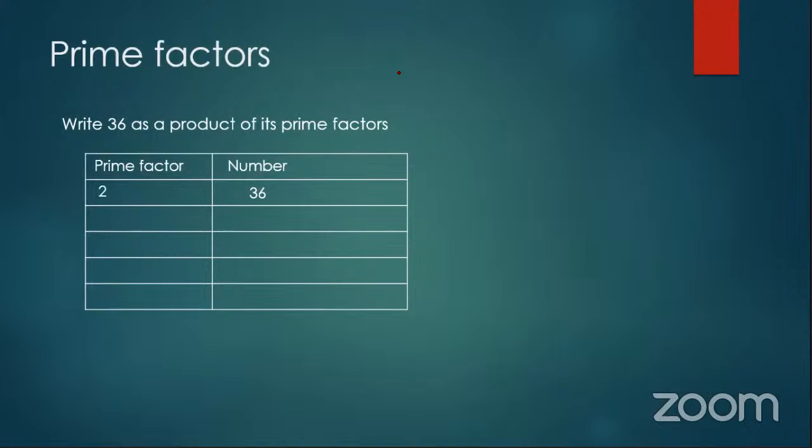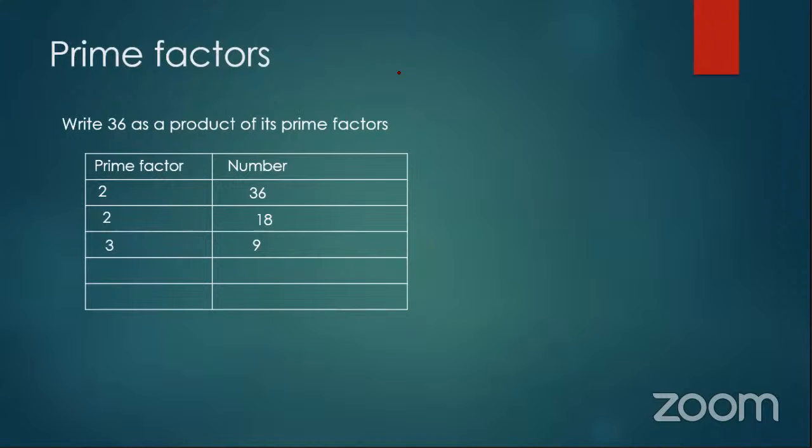So 36 divided by 2 gives us 18. Is 18 still divisible by 2? Yes. So we again divide by 2, and that gives us 9. Is 9 divisible by 2? No. So we go to the next prime factor, which is 3.